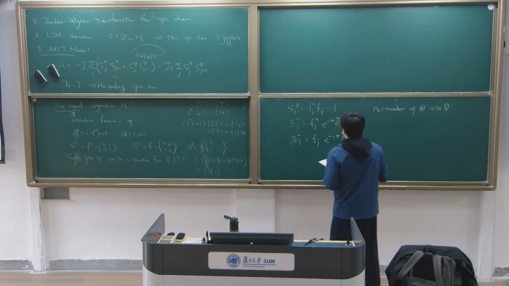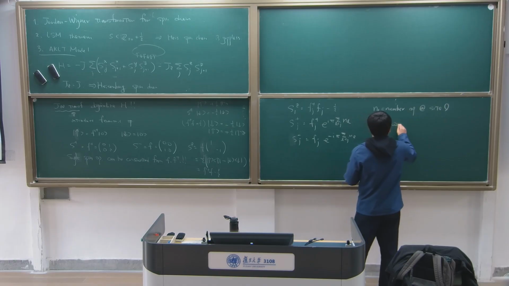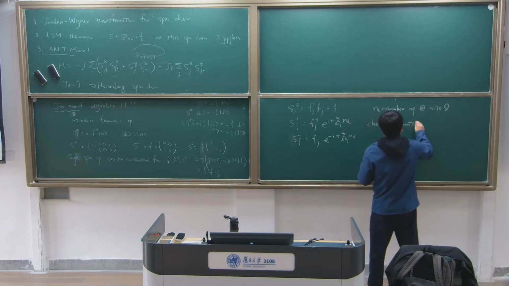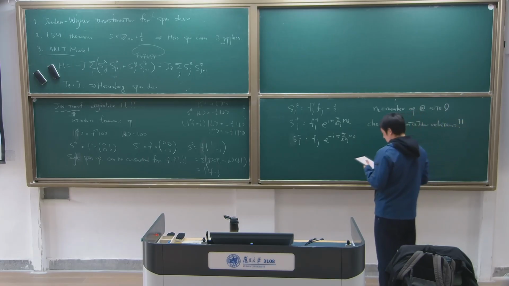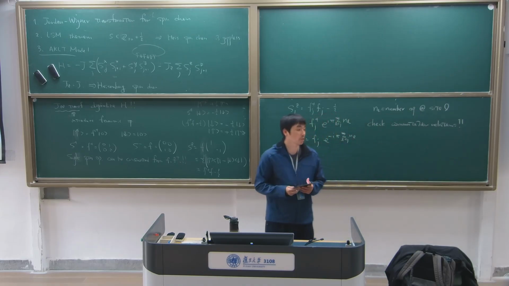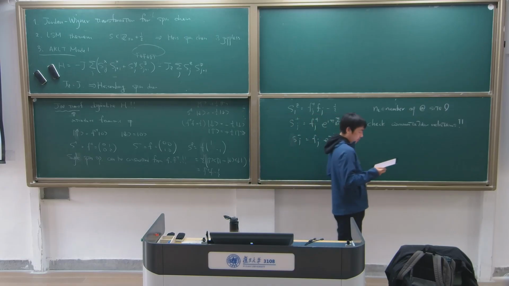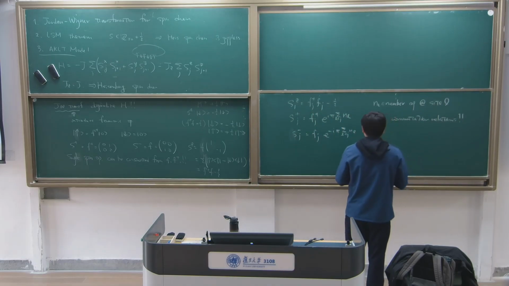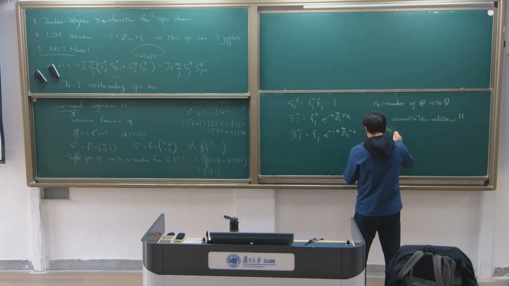Then we will check the commutation relation. So the first thing we need to do is to check whether these constructed operators satisfy the correct commutation relation. So to do that, first let's consider this one, e i and J.